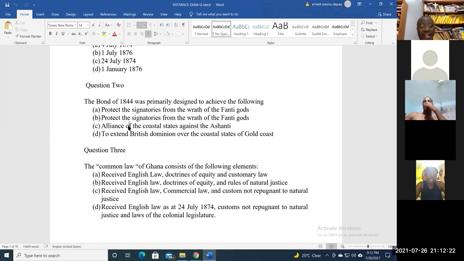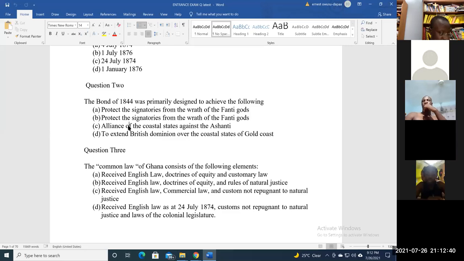And of course, later on, Commander Hill, who was then the Lieutenant Governor, was able to formalize the arrangement which George Maclean had started.